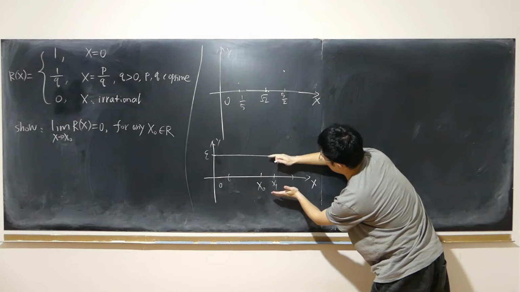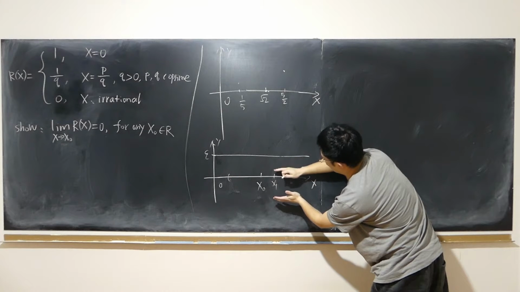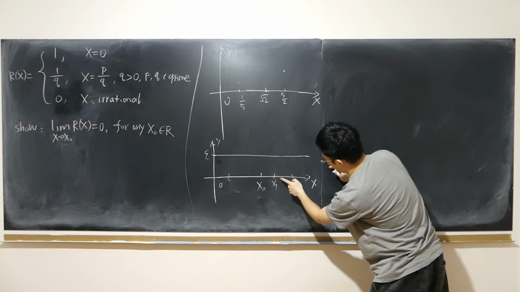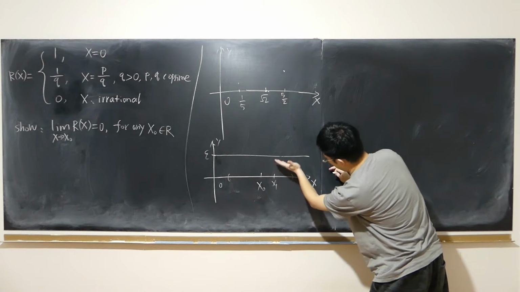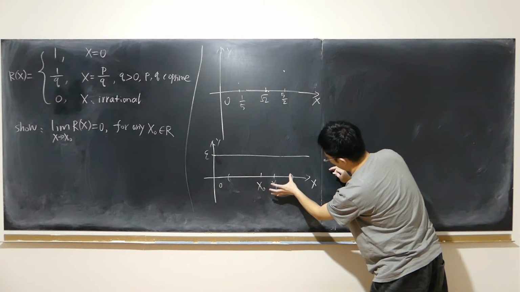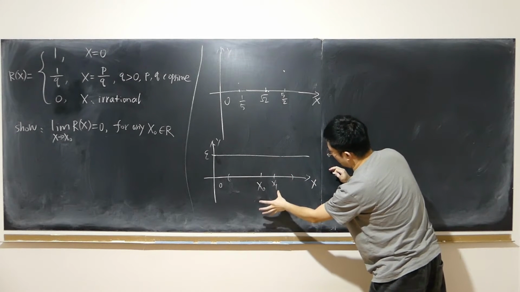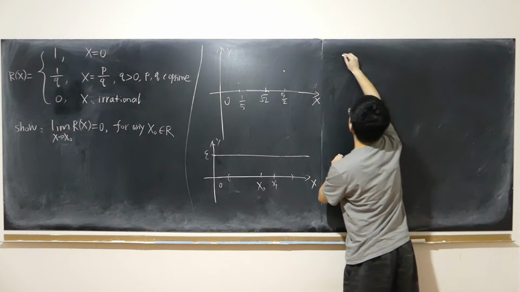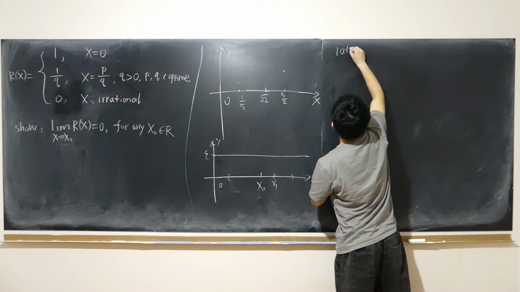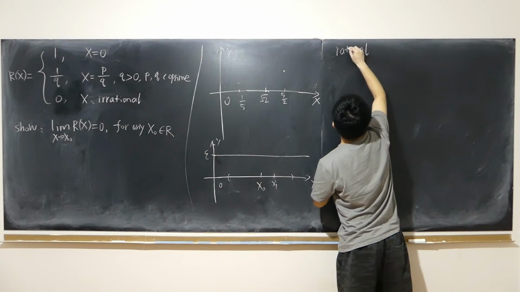So this is safe. x2, irrational, defined to be 0. Fine, less than epsilon. So irrational numbers are fine. The problem is rational numbers. That's where the problem is.